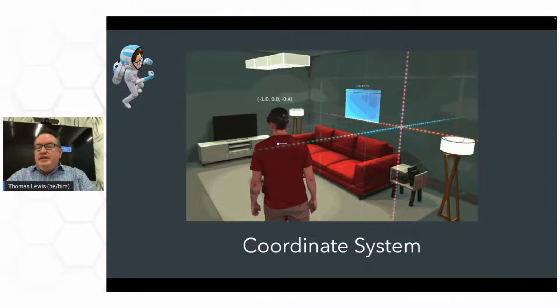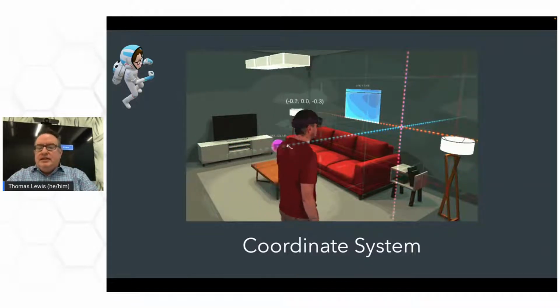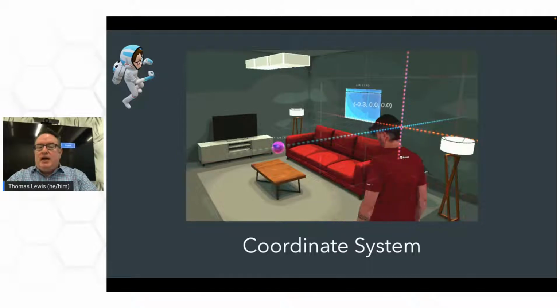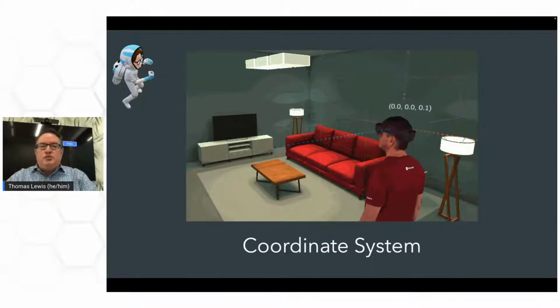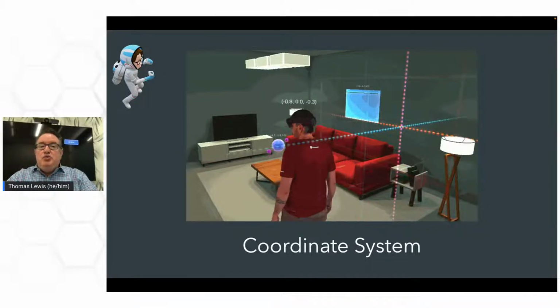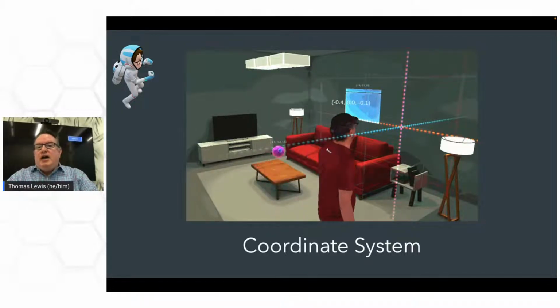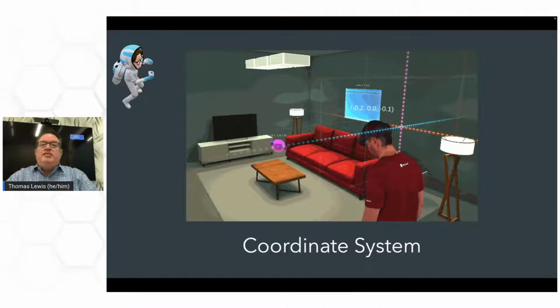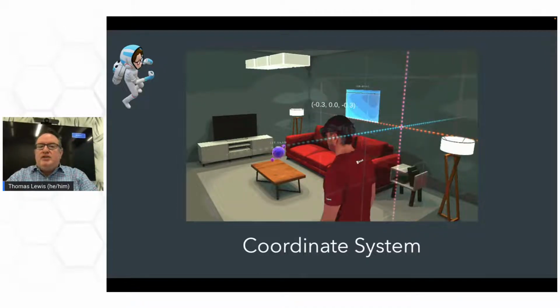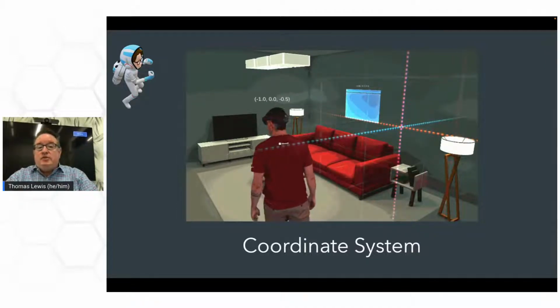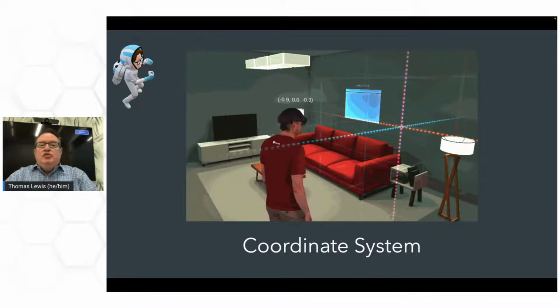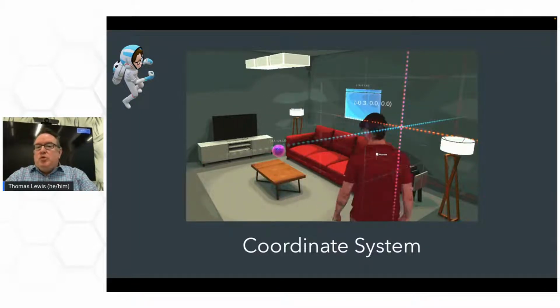Now, of course, everything in mixed reality is built on a coordinate system. You may be familiar with XY coordinates, but you now have a nice little Z coordinate as well. This is how we align everything. Typically, if you were to look at your X, Y, and Z coordinates when you first put on a device, you're put at 0, 0, 0.